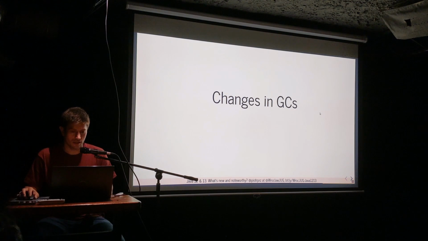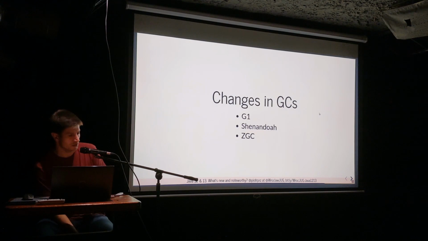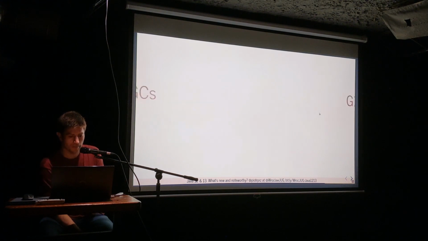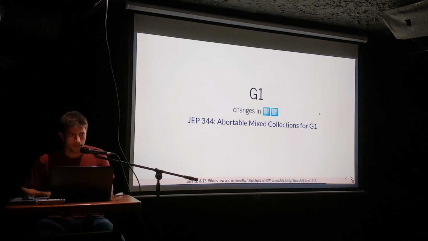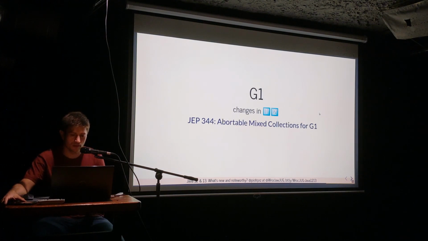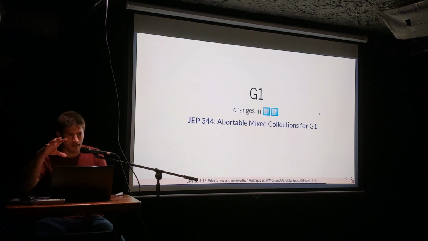There are some changes in garbage collectors, of course. As far as I know, from the public ones, three were affected in Java 12 and 13: G1, Shenandoah, and ZGC. So G1 was changed in 12. Now this JEP talks about abortable mixed collections. Roughly speaking, and I'm not going too deeply into the details because I'm not a garbage collector guy, G1 divides the memory into regions, and the size of those regions is based on some heuristics.